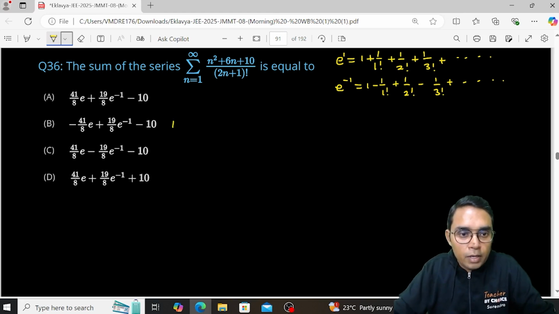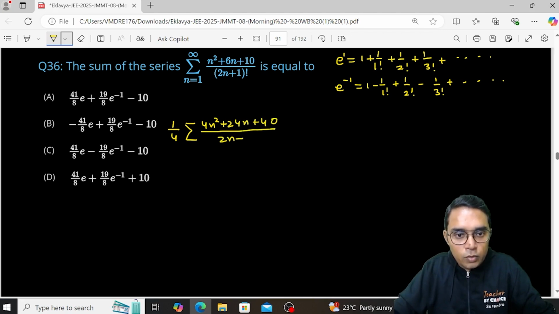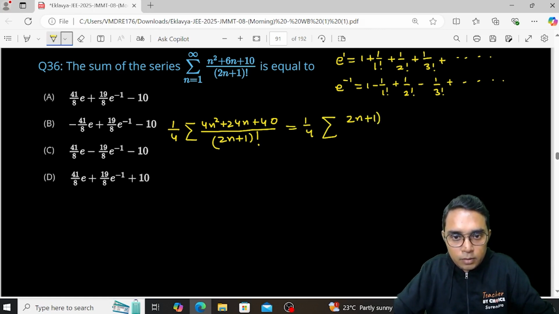Please see how. First of all, I am multiplying by 1 by 4 outside, so I will multiply by 4 inside also. So this becomes 4n square plus 24n plus 40 over (2n plus 1) factorial. Why have I done this? Please listen carefully. Here we can write it in the sigma with 2n plus 1 common, and 2n also common.